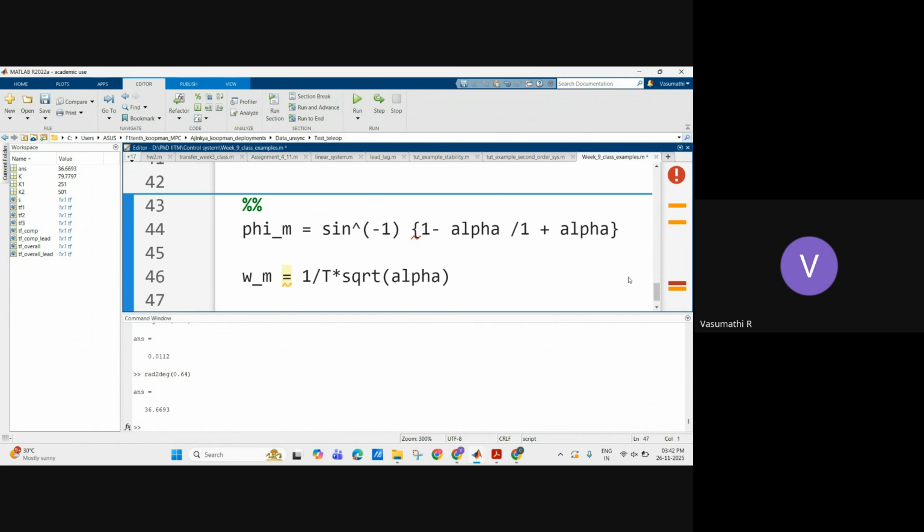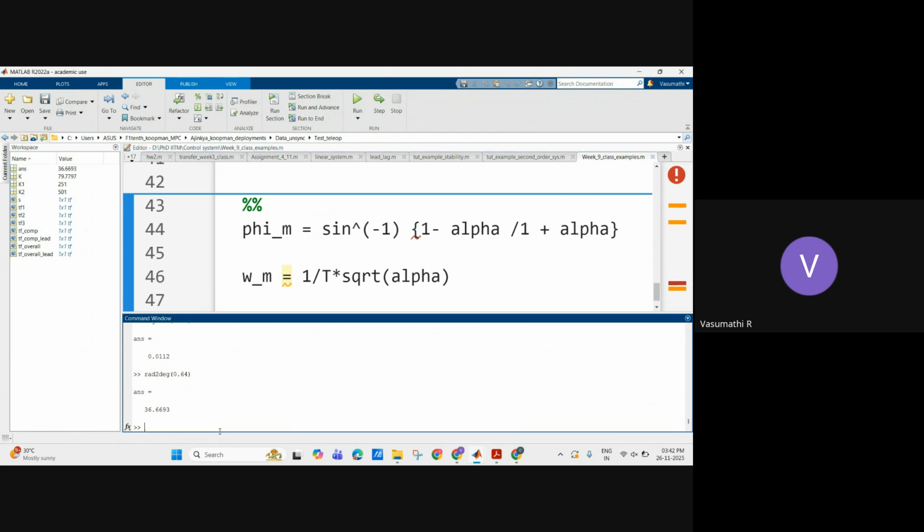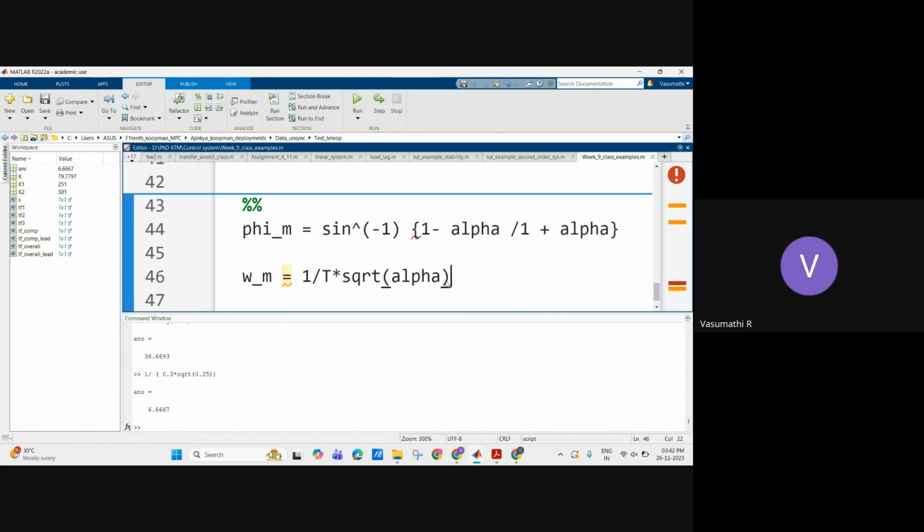This is the frequency at which this maximum phase angle occurs. So T is 0.3, so 1 divided by 0.3 into the square root of 0.25, which is around 6.66. That is the frequency at which this maximum phase angle occurs.